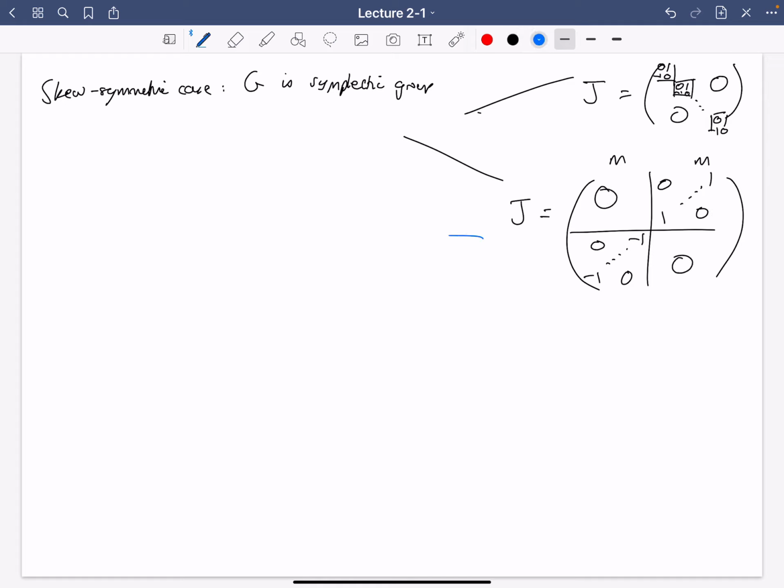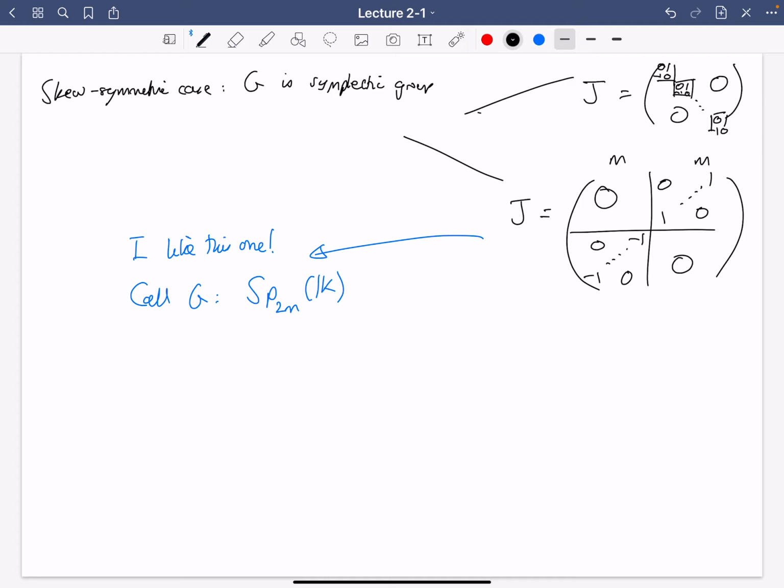And so from this one, I'll call G the symplectic group SP2M of K to be the one where I pick that particular Gram matrix.